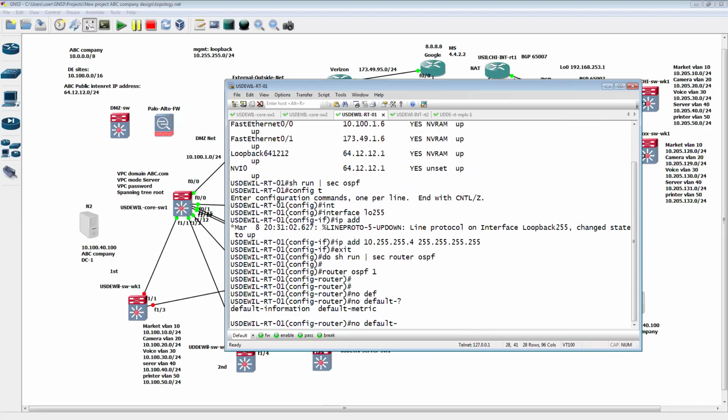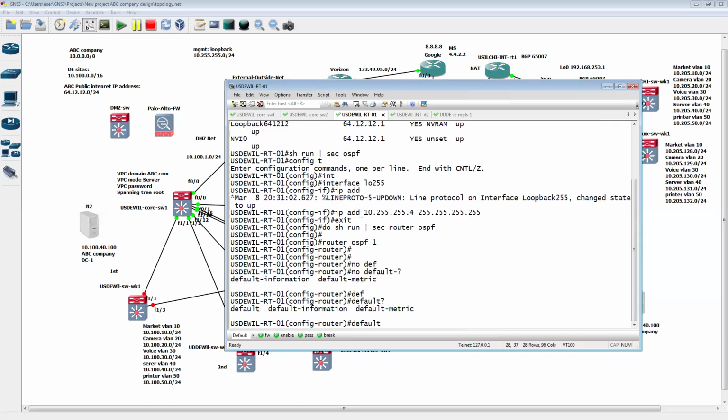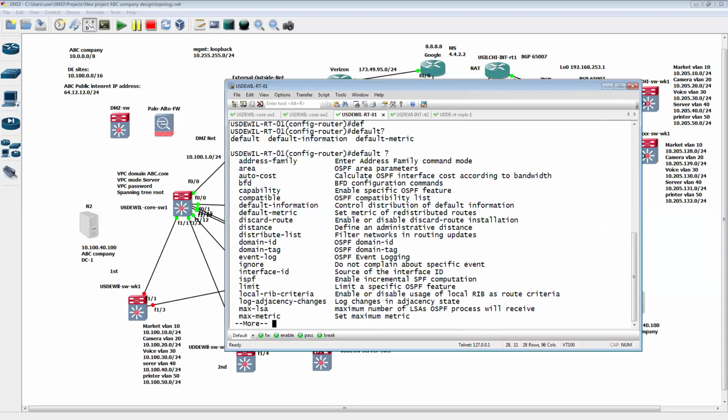Or default in here, let me see. Do we have a default? Yeah, first we have default, question mark. Default area, distance, ignore. Which one should I use?